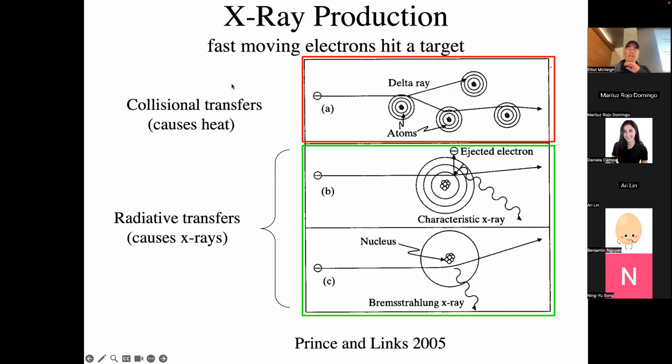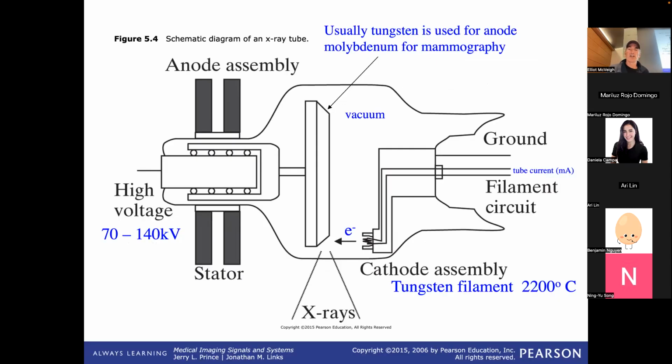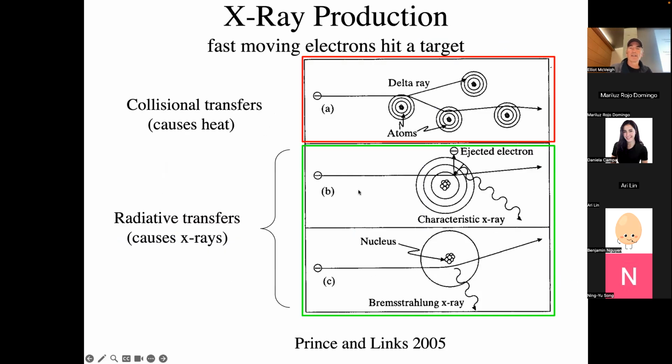So we're going to quickly look at how the electron, when it hits this target, what physics is going on to produce X-rays out of here from that collision. So I get an electron goes in there, hits the target, and then some X-rays come out, right? So the thing that's causing most of the heat is just essentially collisions of the electron with electrons in orbitals around that atom.